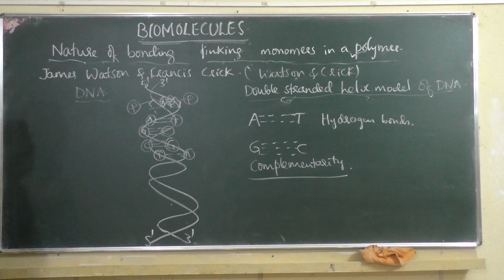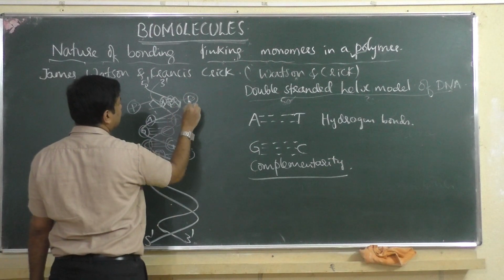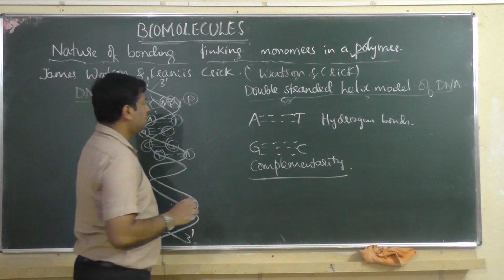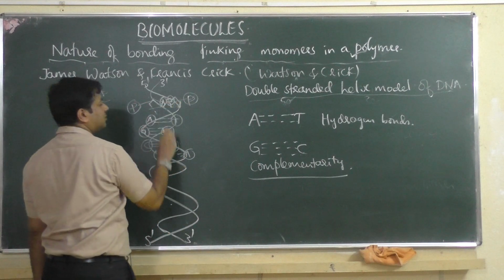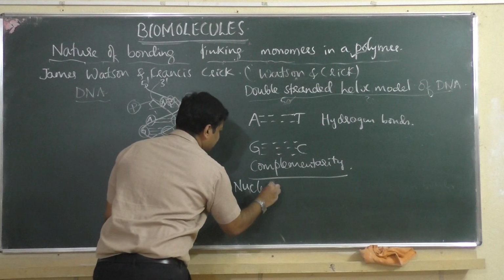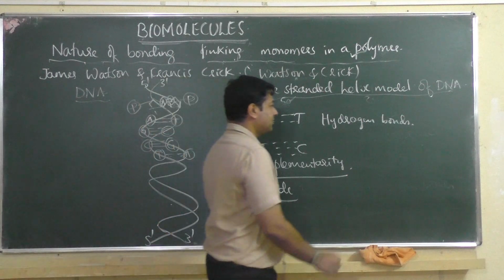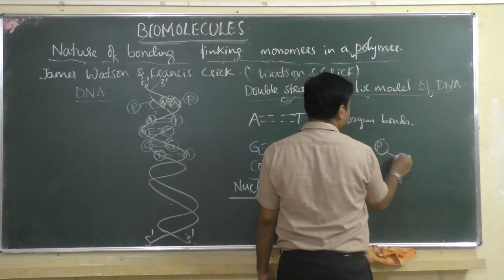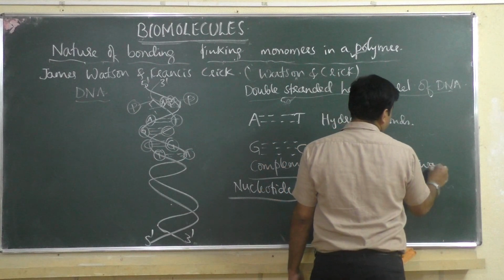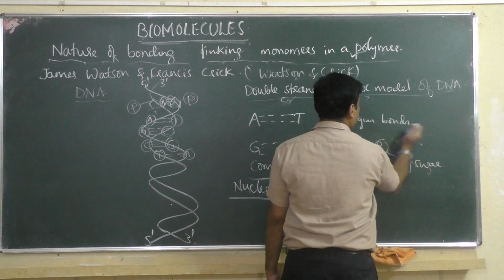Okay, so what is the backbone? The backbone of DNA is phosphate, binds to pentose sugar, then nitrogen base. So phosphate, pentose sugar, nitrogen base is a nucleotide, you know already. Once again, let us recall what we have learnt in the last class. If a phosphate group binds to pentose sugar, then what is it called?